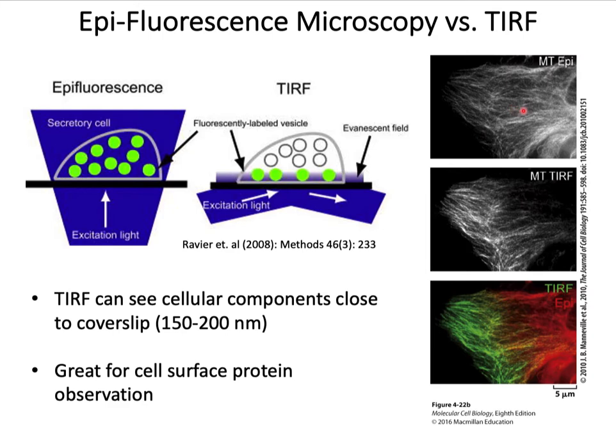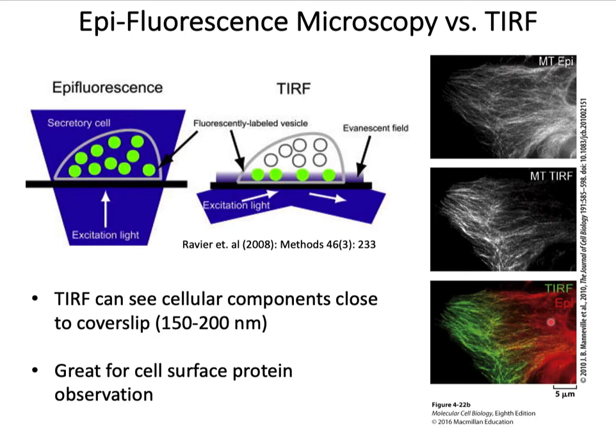The top panel shows the entire depth of the cell and shows all the microtubules spanning the entire depth of the cell. The middle panel shows the microtubules only closer to the cover slip, that are in the evanescent field. The structures below the evanescent field are excluded, and that's why the right side of the middle inset is darker.